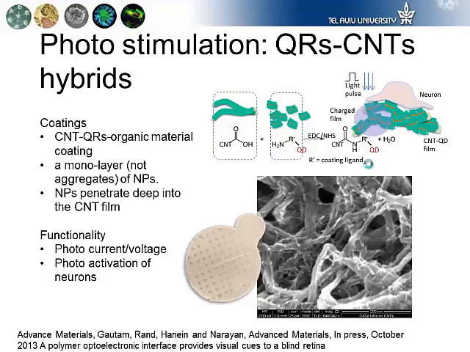Ideally, you want to have something like this. This is a structure with a carbon nanotube island, and this whole thing is basically 3 millimeters in size. It's made of PDMS. And the unique thing that we've done over the past year was to incorporate quantum dots, in this particular case quantum rods, onto the carbon nanotube. So now we have a hybrid system of quantum rods and carbon nanotubes.